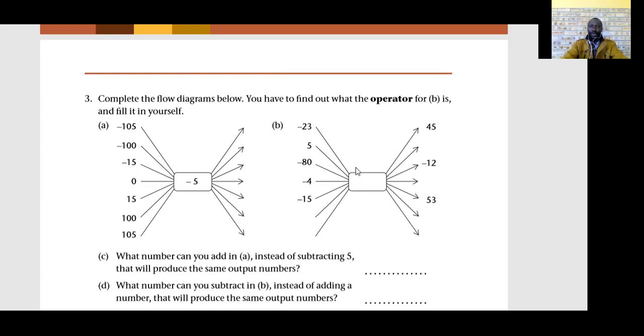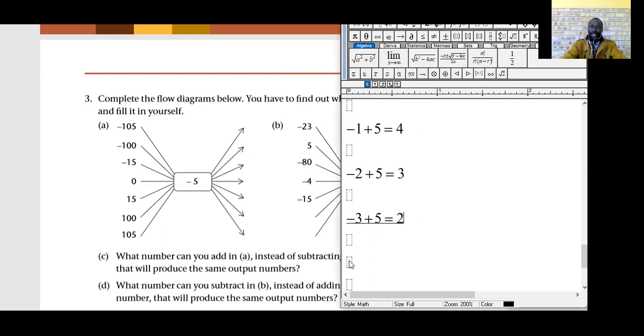Okay? So it's like we have -23 plus something to give us 45. So the equation is going to be -23 plus something should give us 45. That's what we have that side. So this something we are talking about is going to be 45 plus 23, which is going to be 68.